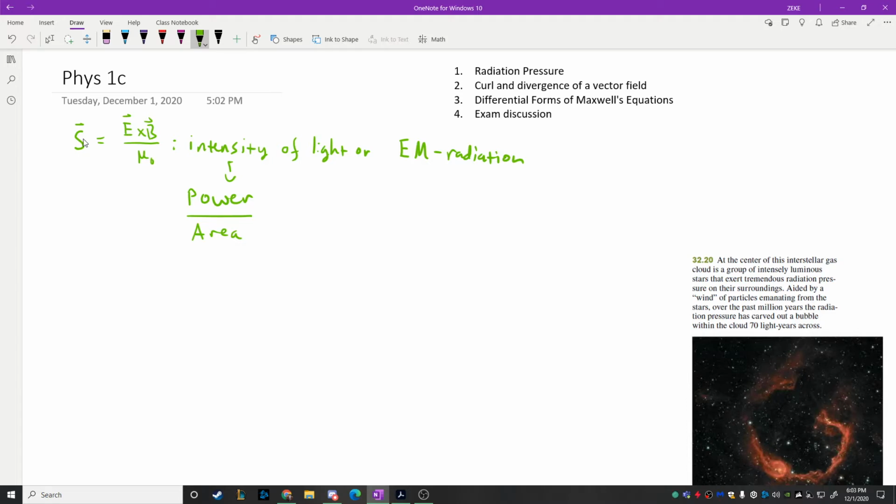If we know that light waves transport energy and therefore power, we'd like to understand whether they can also transport a force, a type of pressure. I think the easiest way to think about this, there are other ways to get to the same result, is to remember something from Physics 1A, which is that you can get power from a force and a velocity.